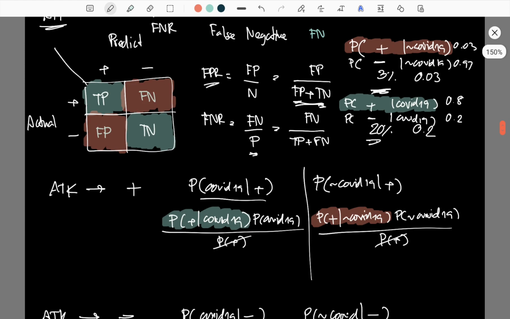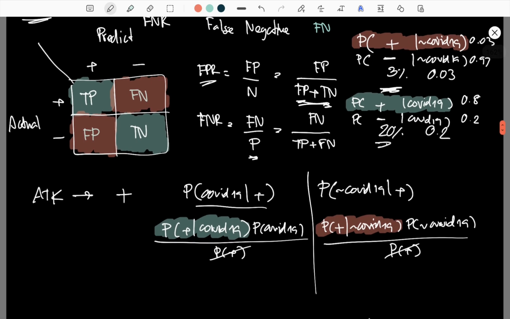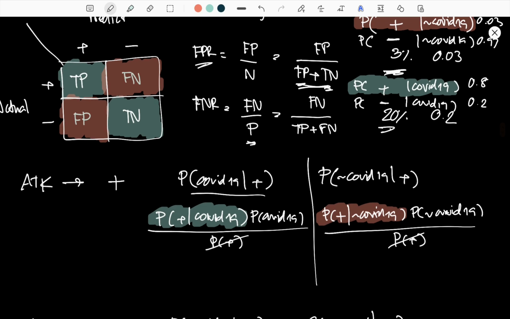And the probability of COVID-19 and not COVID-19 for today, maybe it's like the number of current cases, maybe for each day it is like 10,000 something. Or if you specify some area, like in Bangkok, it is like 1,000 or 2,000 by 5 million, for example.